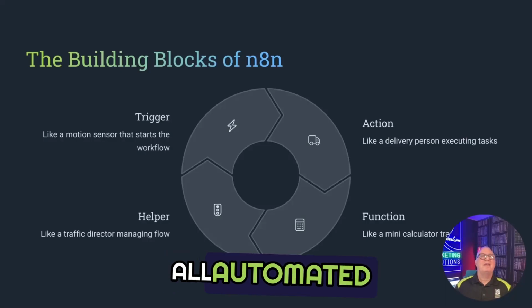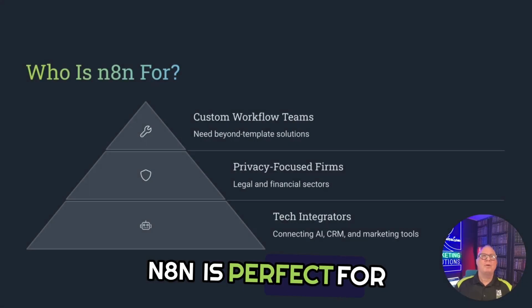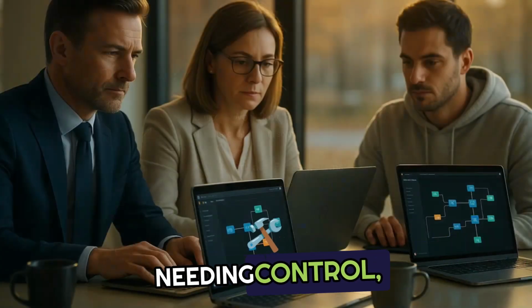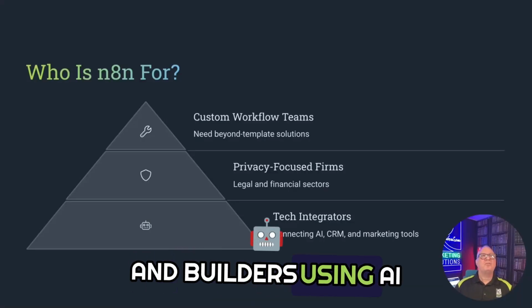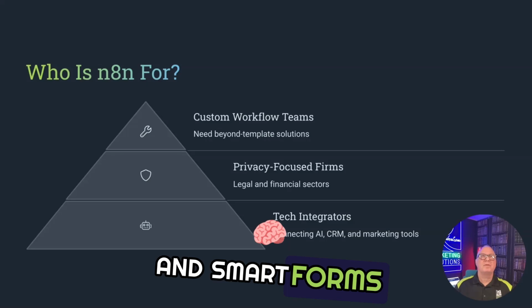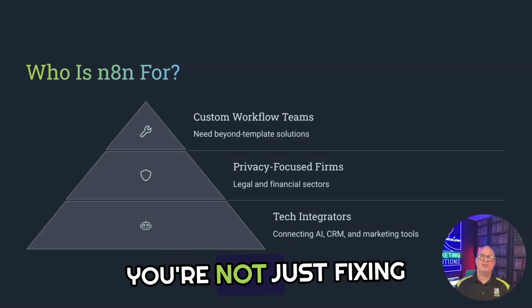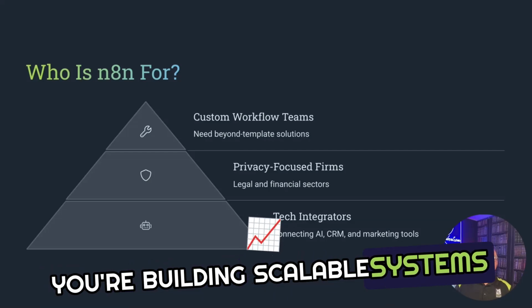All automated and all done with n8n. n8n is perfect for people wanting power, teams needing control, lawyers and accountants, or anyone who values privacy, and builders using AI and smart forms. With n8n, you're not just fixing problems, you're building scalable systems.